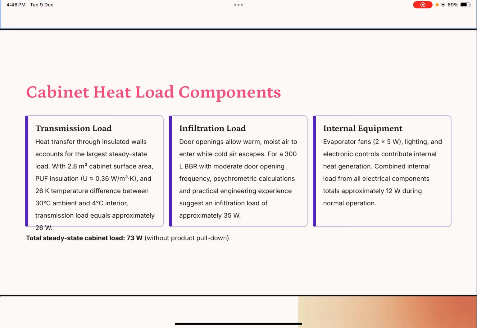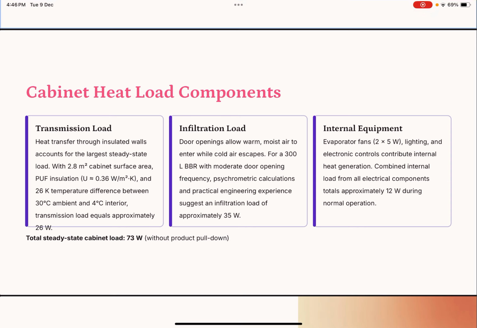The second is some load which is generated because of the equipment inside the refrigerator. And third is what is known as the infiltration load, that is because of some fresh air entering or escaping into the cabinet and increasing the load. So as we see, the cabinet heat load comprises three components: the transmission load, the infiltration load, and the internal equipment load.